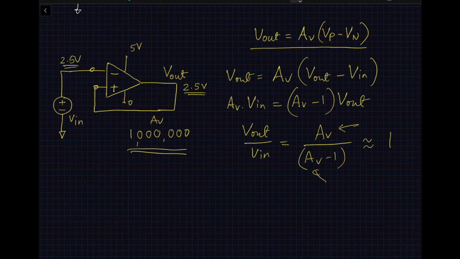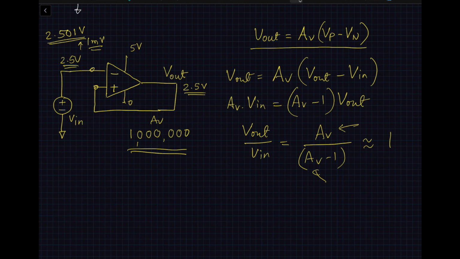However, what I would like you to think about is, let's say this 2.5 volt input voltage, we just take it slightly higher. Let's say we take it higher by 1 millivolt. If I take it up by 1 millivolt, then this input voltage will be 2.501 volts. I'm just lifting it up by 1 millivolt. Now what will happen?